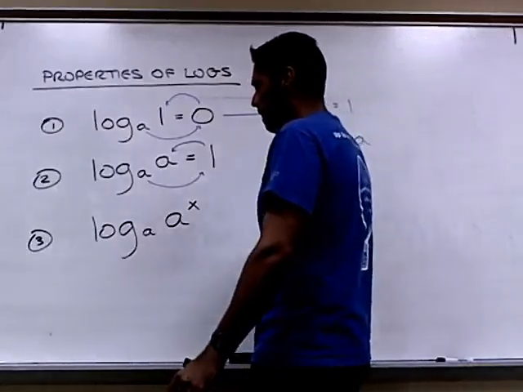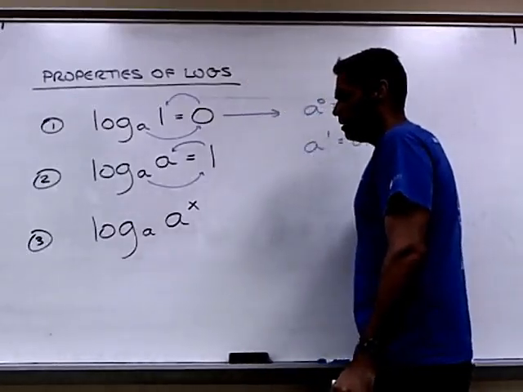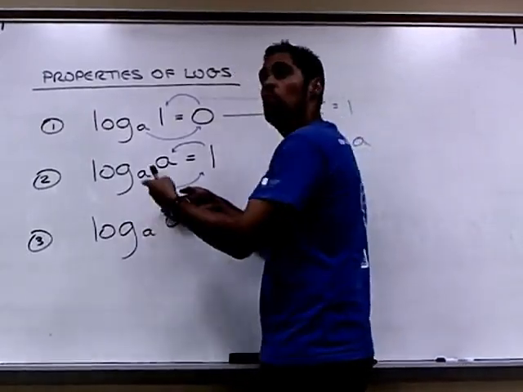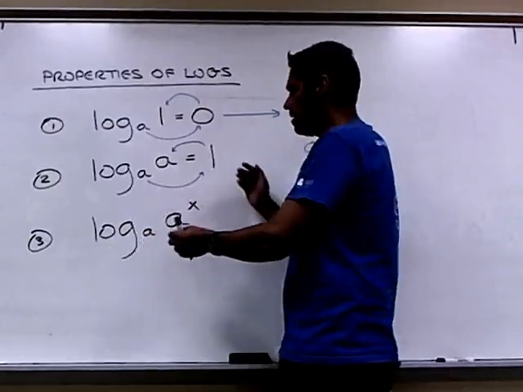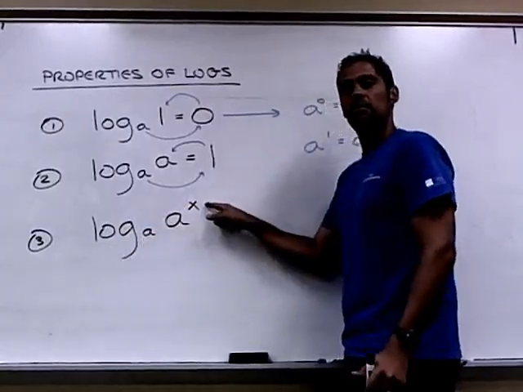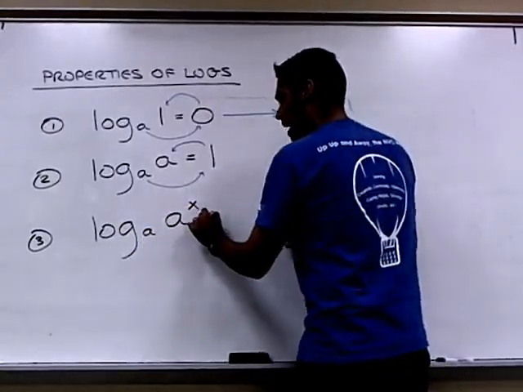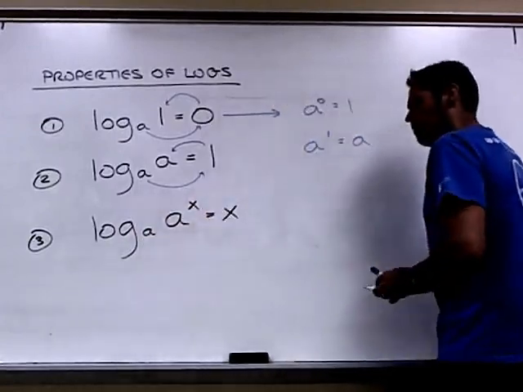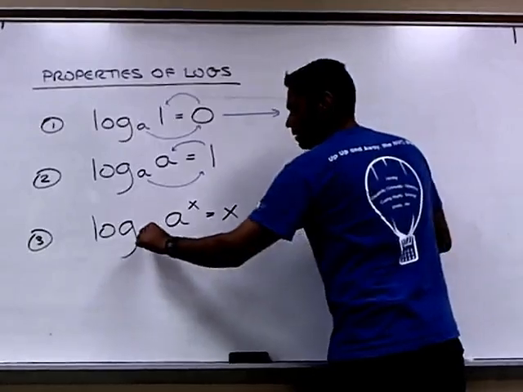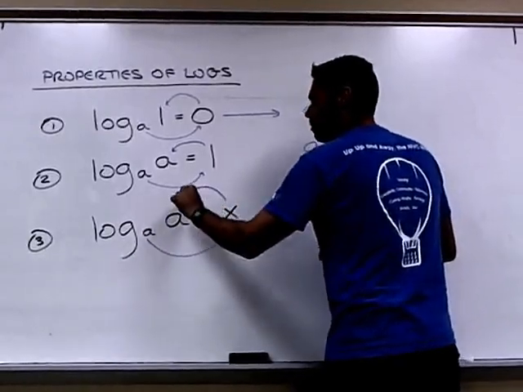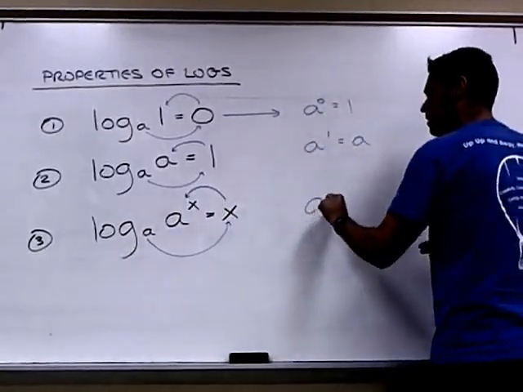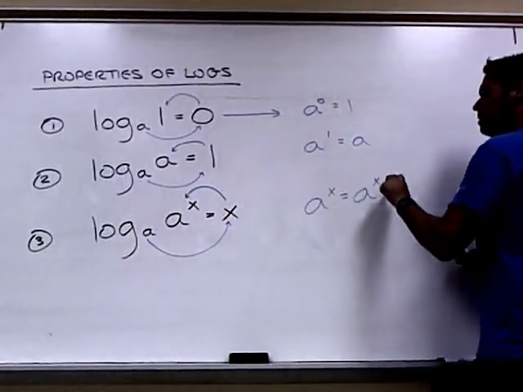What is that? X. X? Because we're saying A to what power is A to the X power. That means that it would have to be X, right? So that if you do the loop, A to the X, does that equal that? Does A to the X equal A to the X?